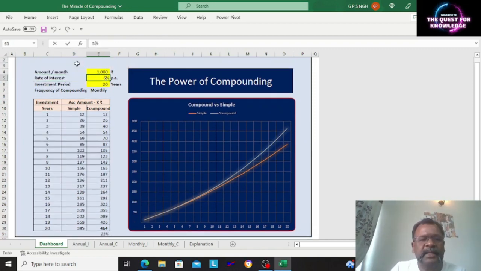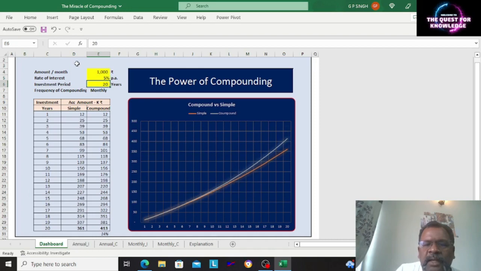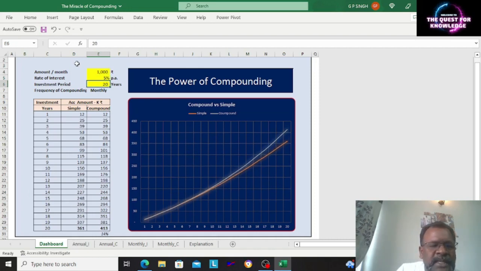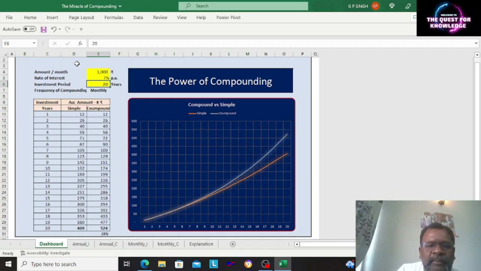So here, if the interest is 5%, then of course the amount will change, okay? And if the interest is say 7%, then the gap will be higher, right? And the growth in the investment will be much faster, okay? So this is the power of compounding.